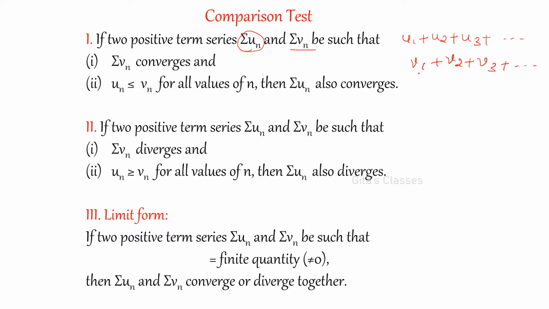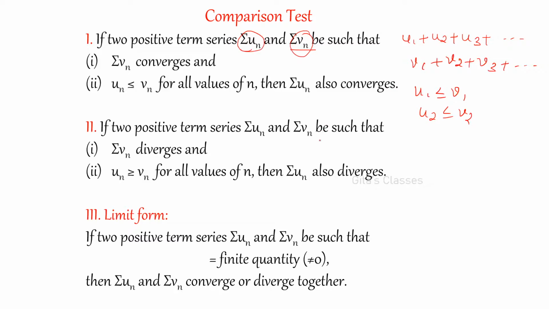If you know that sigma vn is convergent and you know that U1 is less than or equal to V1, U2 is less than or equal to V2 and so on, if it is true for all the values, then you can say that sigma un is also convergent.